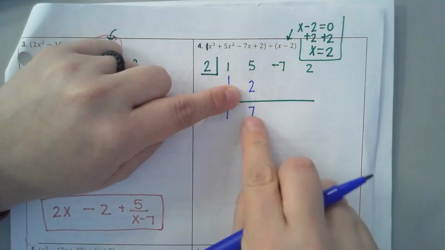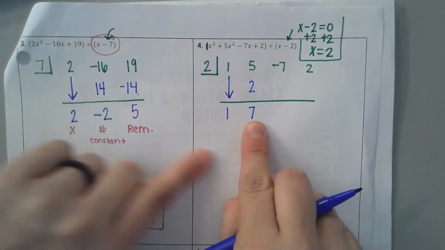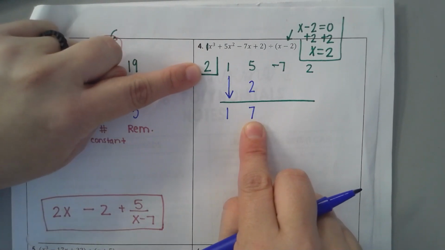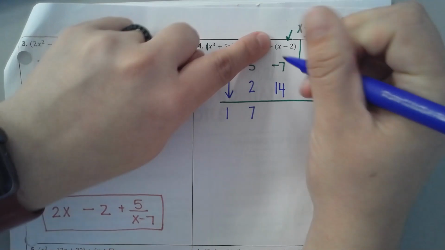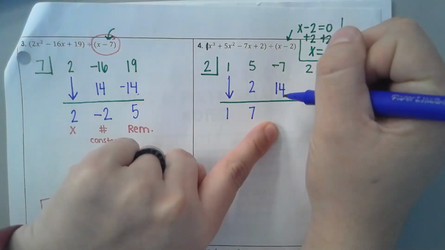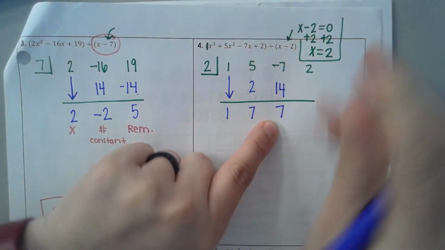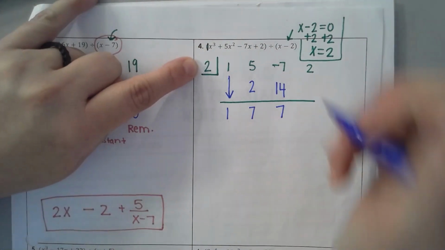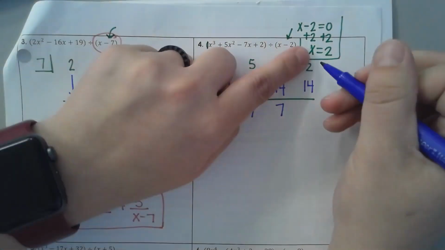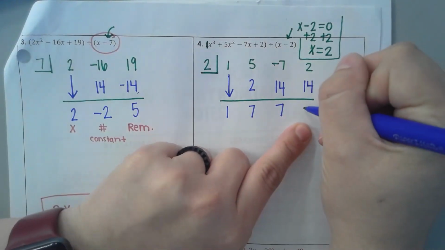And that 7 goes down there. And then I multiply that by the 2 to get 14. And then I add straight down to get 7. And then I multiply by the 2 to get 14 once again. And then I add to get 16.